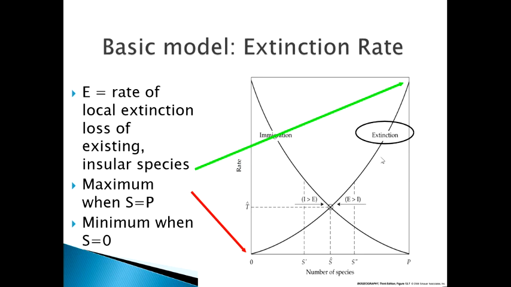That then slopes all the way back to 0. And again, this is a duh moment when it makes particularly good sense. If you have no species on the island, well then none can go extinct. And so you've got this rate of extinction, rate of immigration here.